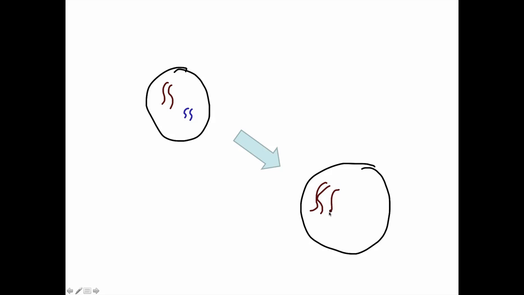Here's the homologous pair, that's the one from dad, make a copy of that. Now I have sister chromatids stuck together here, sister chromatids there. And then I do the same, if this is the one from mom, make a copy of it. Copies are still stuck together, sister chromatids. Here's the one from dad, make a copy of it, they're still stuck together. Okay, so now we know it's gone through S phase.